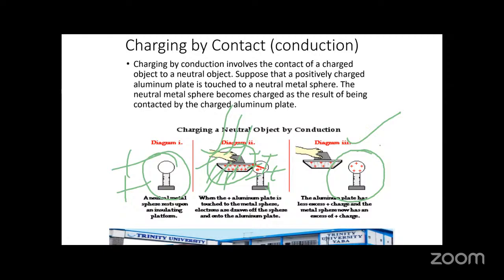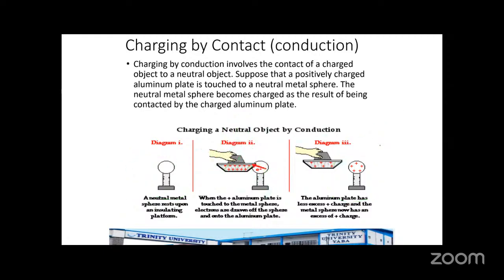So if I want to charge a body positively, it means that I must bring a charge body that is already positive in contact with it. Note that. So if you want to charge a body positively, you bring a body that is already charged in contact with it.